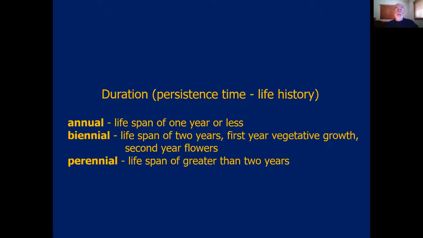Biennial plants have a lifespan of 2 years. The first year is with vegetative growth, and the second year they flower. A lot of cultivated plants that we eat from storage organs at ground level, like the carrot or the onion, are biennial. We have domesticated a lot of biennial plants. They spend the first year accumulating nutrients in a storage organ.